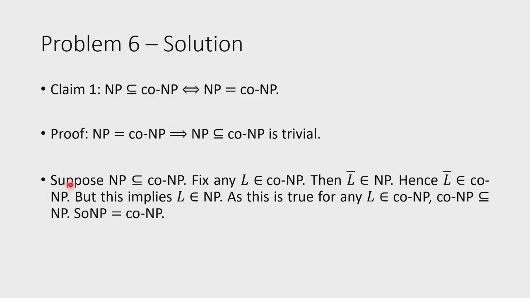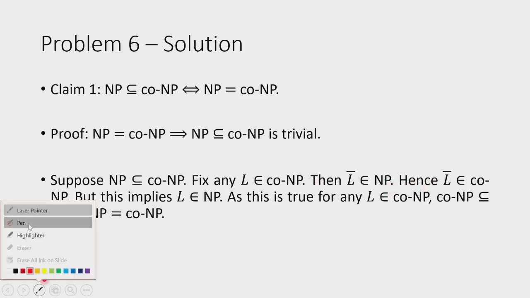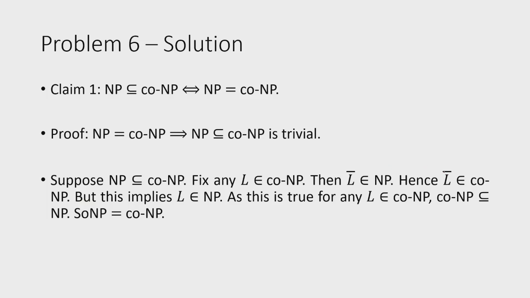So let's do that. Suppose NP is contained in co-NP. Then let us fix any language L in co-NP. By the definition of co-NP, L complement has to be in NP.